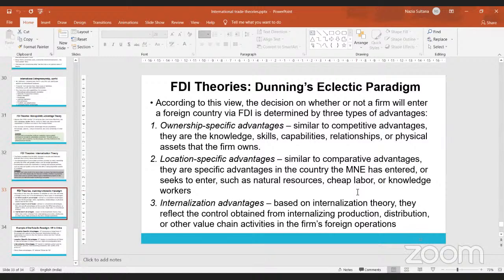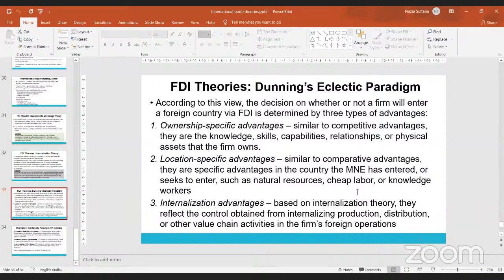I think about investing in a company in Korea. Now, why will I think about investing in that country, in that company? If I have advantages. So, what are these advantages? First advantage is ownership. Do I have ownership over knowledge, skills, capabilities, physical assets, which the firm has got? Ownership, which is there in the firm.